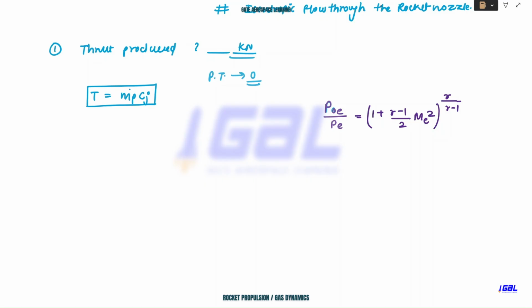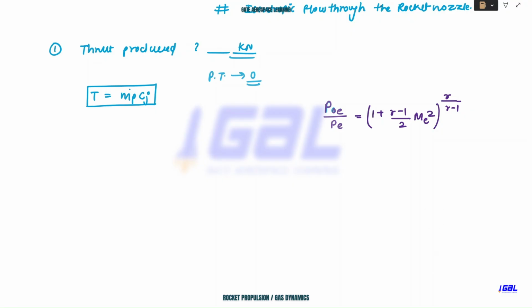I'll calculate the ME from here. Once I get the ME, using the isentropic relation I'll get the TE, and using TE I'll calculate the speed of sound, and using the Mach number we will calculate the exit velocity, that is Cj for us. This is how I'll be proceeding, and this is how you should think before proceeding to the solution.